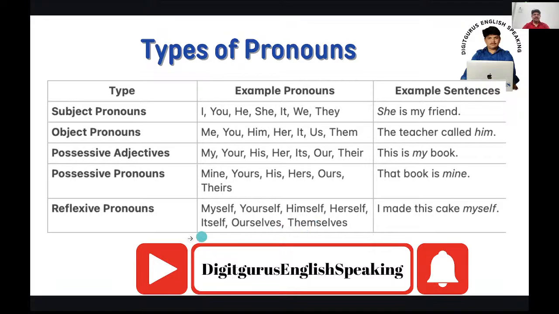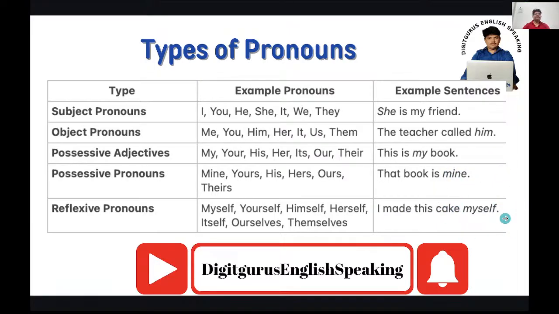In a reflexive pronoun, the subject and object refer to the same person. I made this cake. Here, I is the subject and this cake is the object. So with myself, the subject and object refer to the same person.